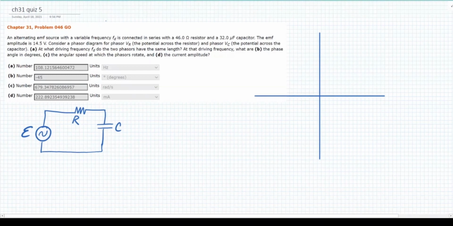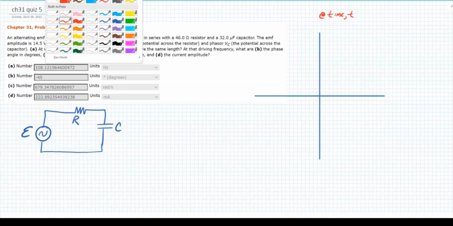Consider a phasor diagram for the voltage drop across the resistor. I'm going to do it at some arbitrary time t. This is my voltage drop across the resistor.